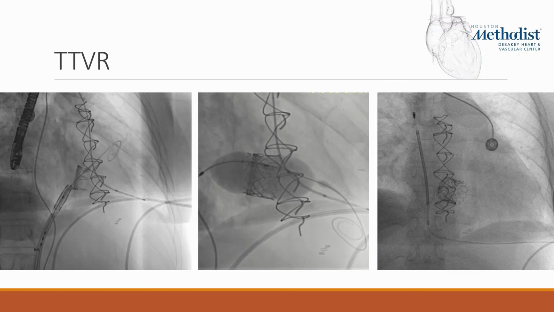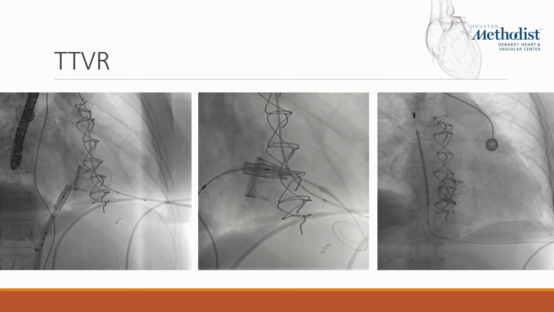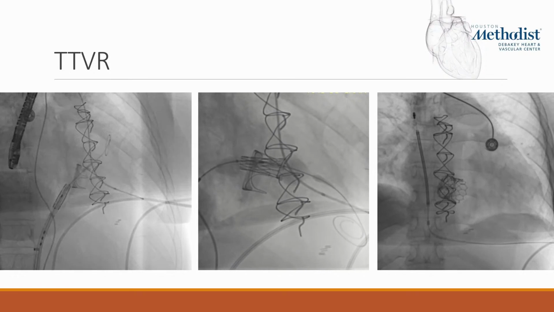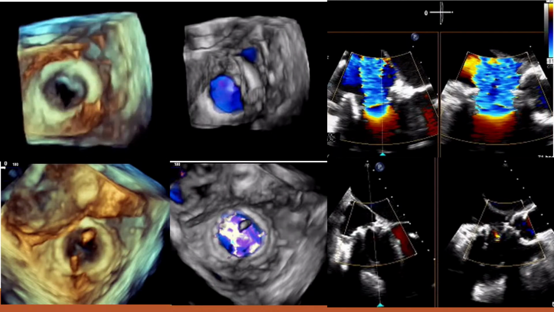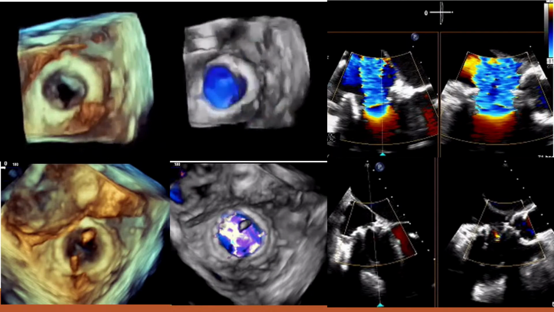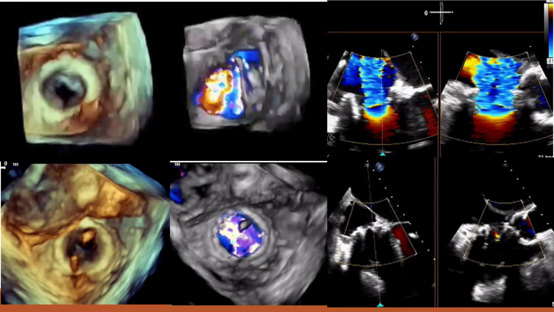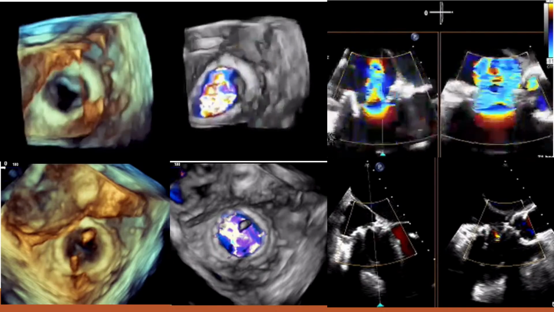In the middle image, there is the expansion of the Sapien 3 valve, and on the right side image, it was the placement of the subcutaneous ICD lead.